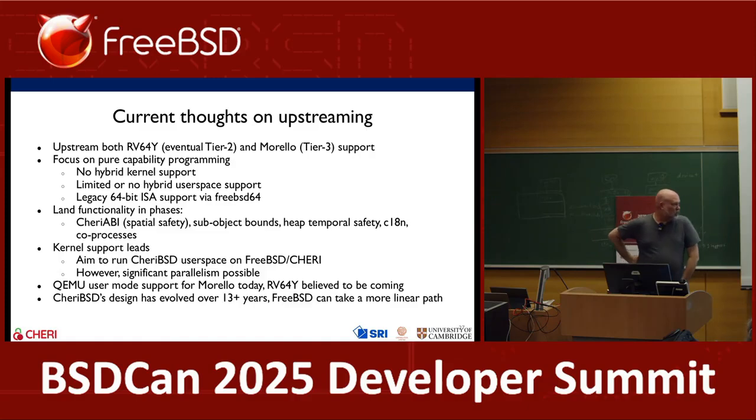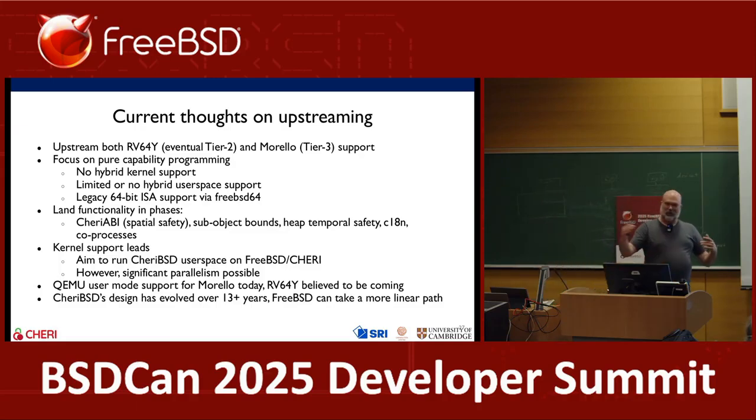I think it's important to note that if you go look at the CHERI-BSD repository, the diff looks scary. Part of the reason it looks a little scary is because it has evolved over more than a decade. When we started out, we didn't have any compiler support beyond inline assembly for capabilities. We had little structs that we pretended were capabilities, and some of the code still looks like that in a few cases.